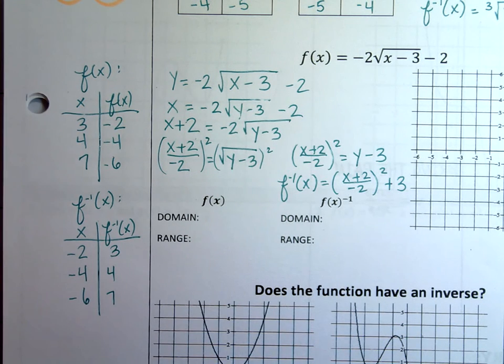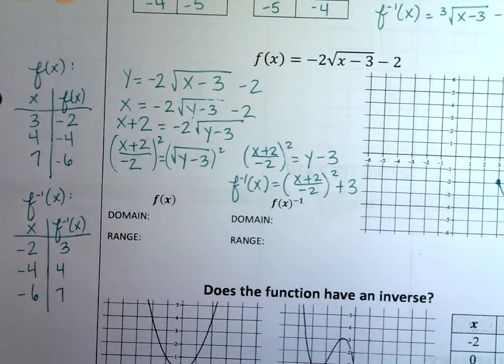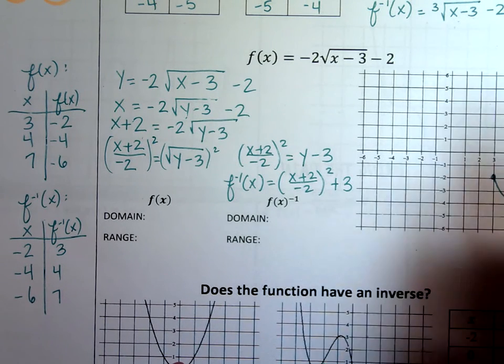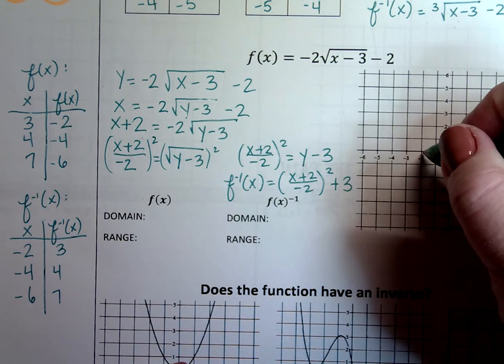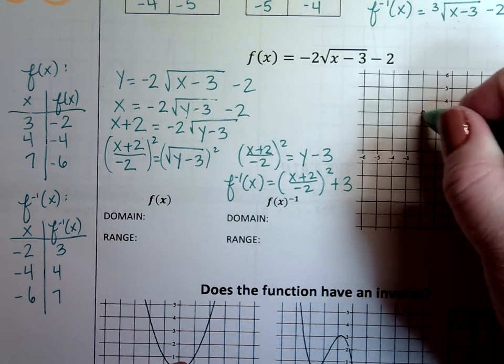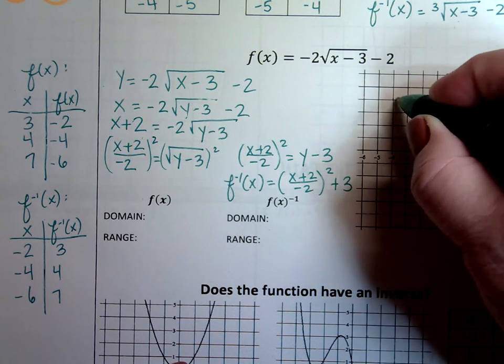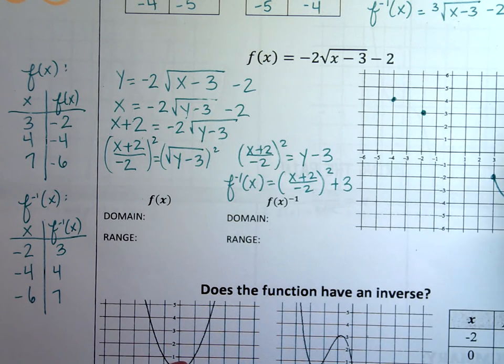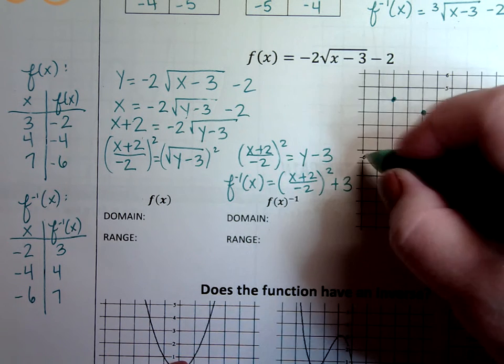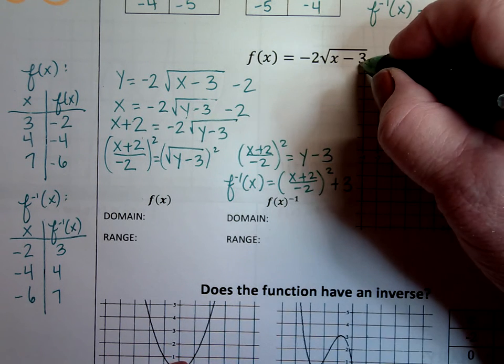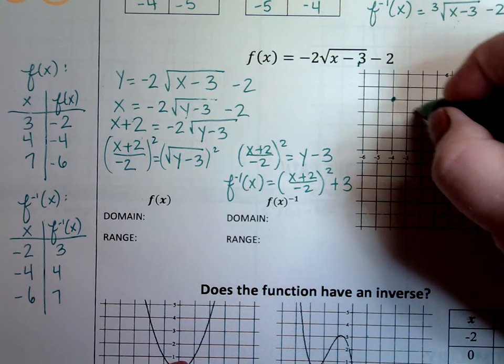So now I'm going to plot those points. I have a negative 2, positive 3. I have a negative 4, positive 4. I have a negative 6, positive 7. Again, it goes off the graph. So this one goes this way.